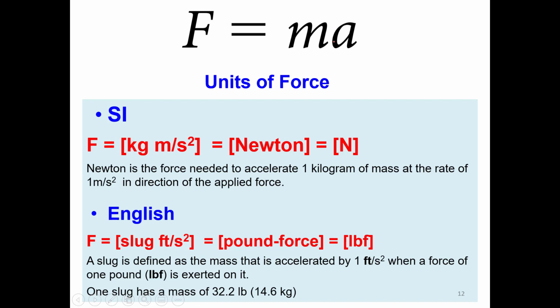What are the units for mass in the SI system? It's kilograms. What are the units for acceleration? Meters per second squared. Then the units of force are kilograms meters per second squared. These units have a special name, the Newton, represented by the letter N. One Newton is one kilogram meter per second squared.